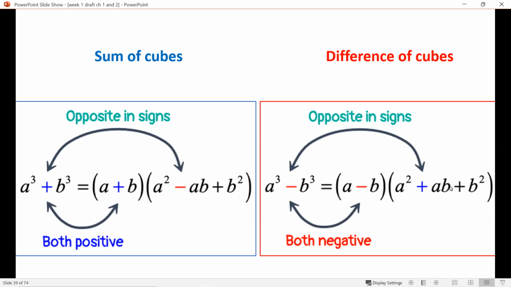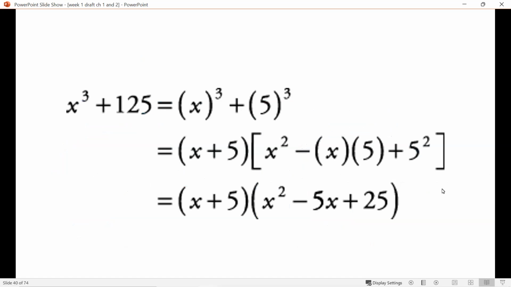Okay. So take some time. You might want to multiply through the a plus b times a squared minus ab plus b squared to see that you get this a to the 3rd plus b to the 3rd. And similarly, in the difference of cubes, you may want to multiply through to understand how you get this difference of cubes. Here's another example of a sum of cubes.